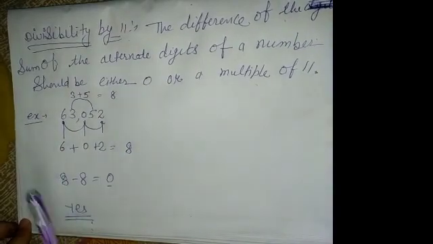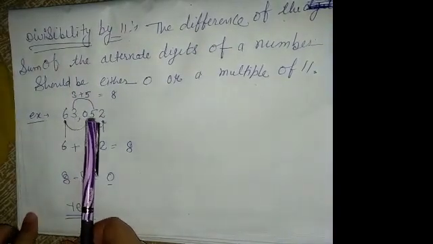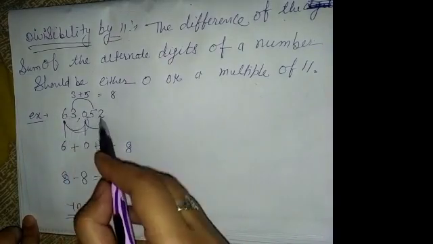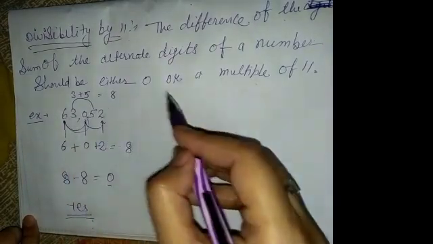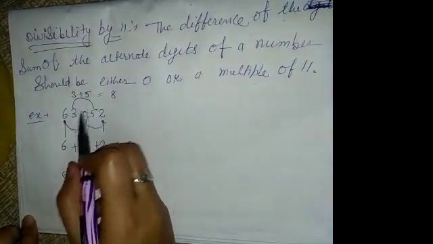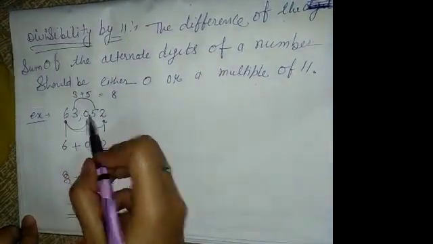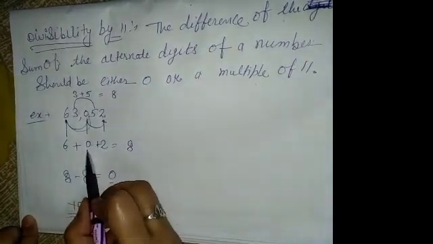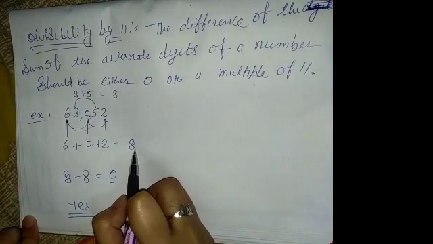Let's take one example. I have taken 63,052. Alternate digits means leave one digit, then go for the next, then leave one digit, go for the next. I'll tell you how. 6, 3, next digit, go for the next, 0. And then leave 5, 2. So I got 6 plus 0 plus 2. Addition is 8.